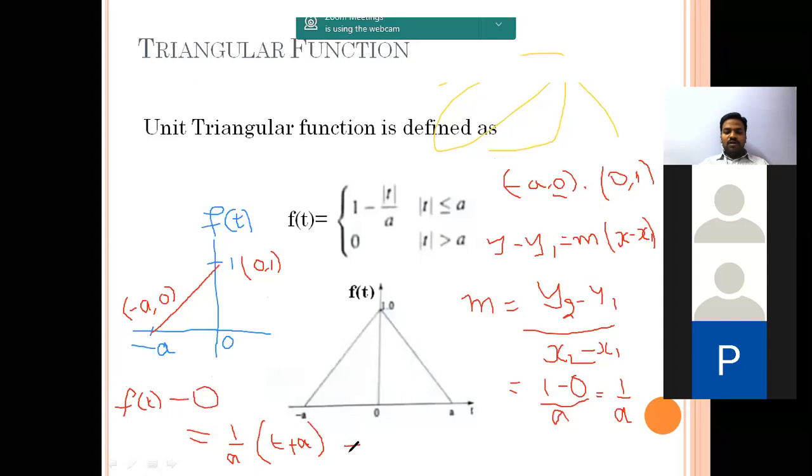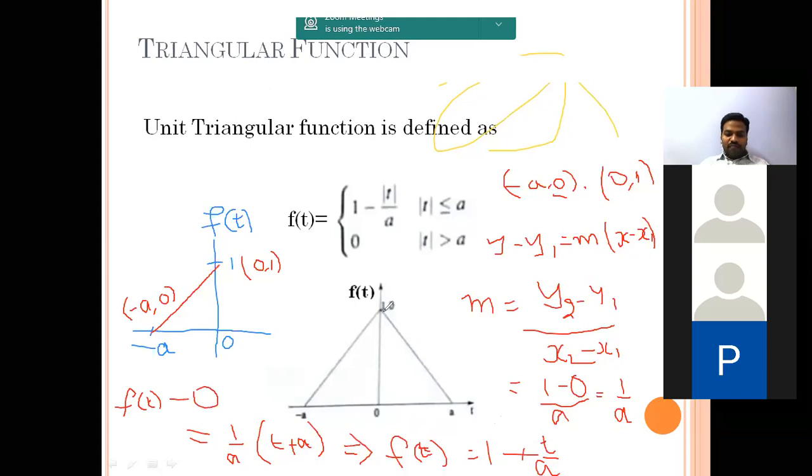Now let us solve this one. f of t is equal to 1 plus t by a. Is it clear? Okay. This is the mathematical expression obtained by considering only one ramp function.